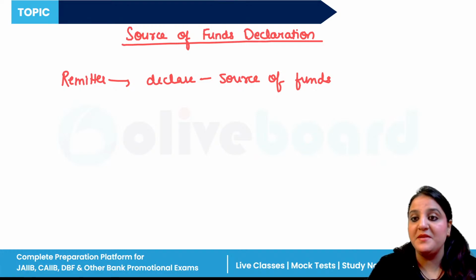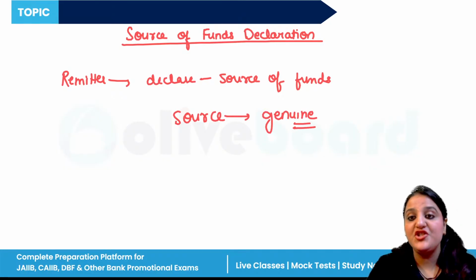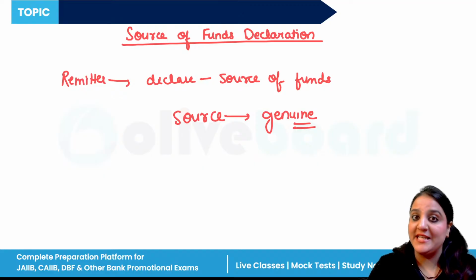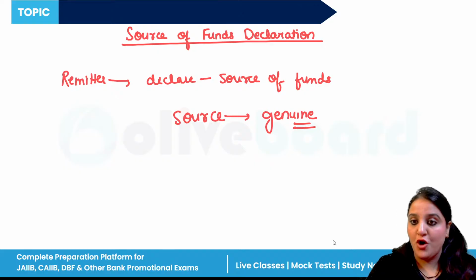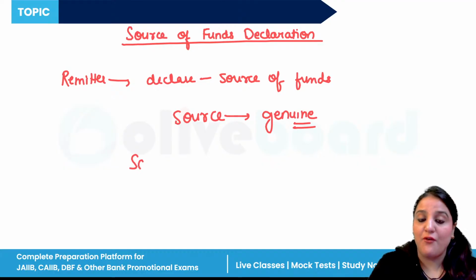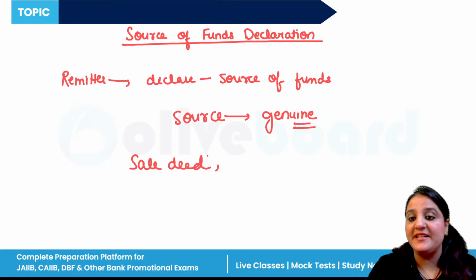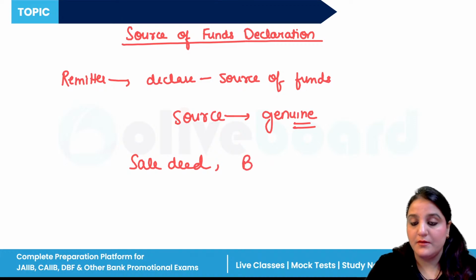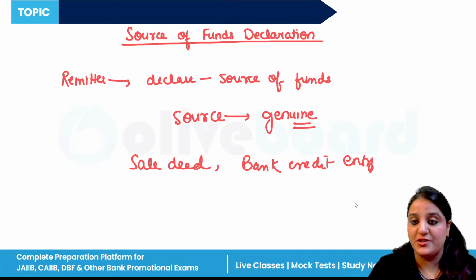The bank must be satisfied that the source is genuine. If Mr. D sends US dollar 1 lakh, he may declare that the source is the sale of a residential property in India, because the bank can ask for the sale deed as well as the bank credit entry, right? So banks check what the actual source of the funds declaration is.